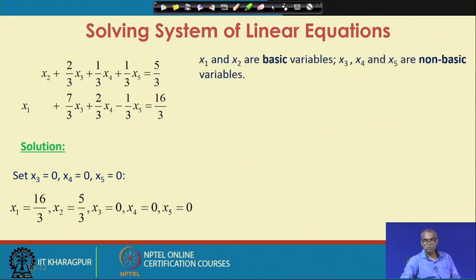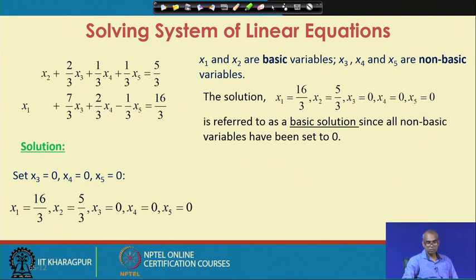x 1 and x 2 are basic variables, x 3, x 4 and x 5 are non-basic variables. So, the variables whose values we arbitrarily set to 0 are non-basic variables. Here x 3, x 4, x 5 are non-basic variables and x 1 and x 2 are basic variables.